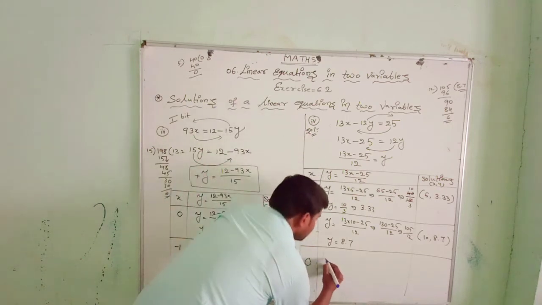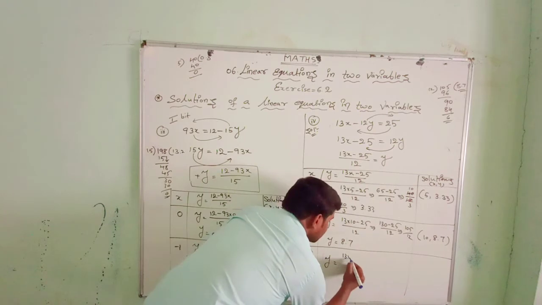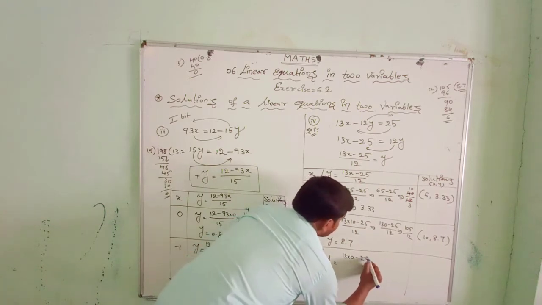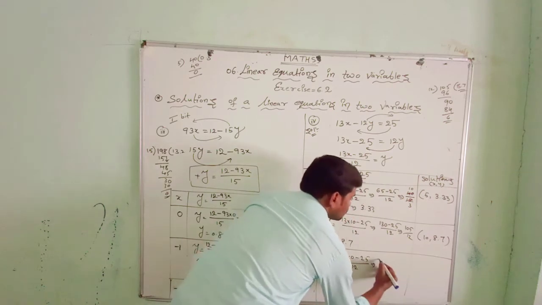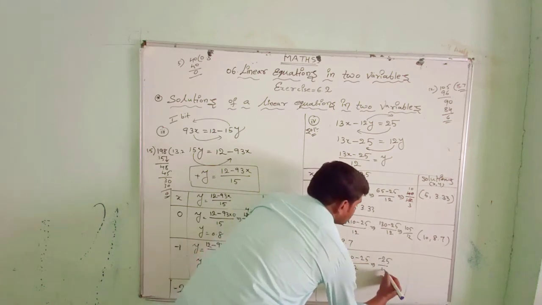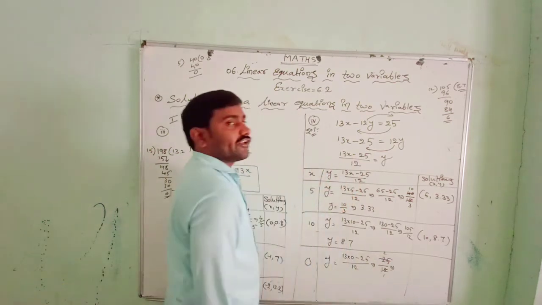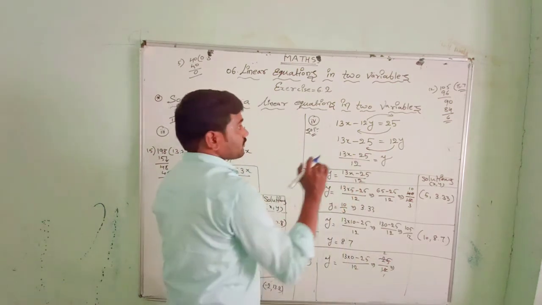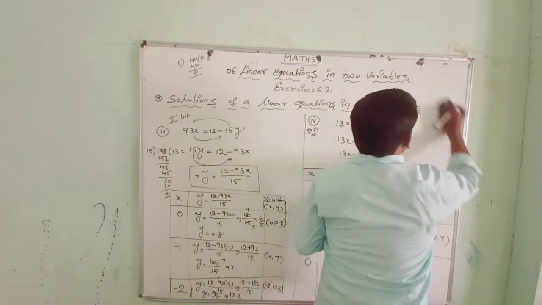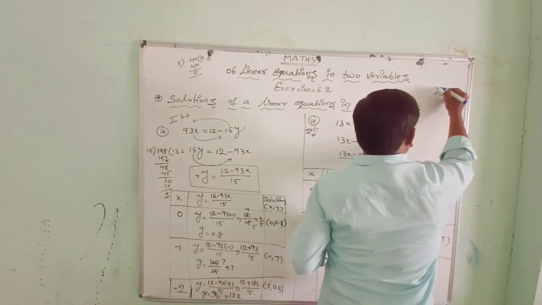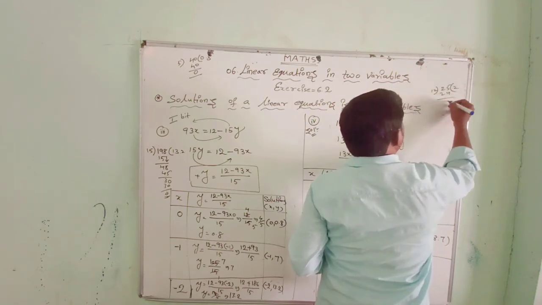See, y equal to 13 into x, that means 13 into 0 minus 25 by 12. 13 zeros are 0, minus 25 by 12. We have to divide 25 by 12. 12 twos are 24. 1 left.